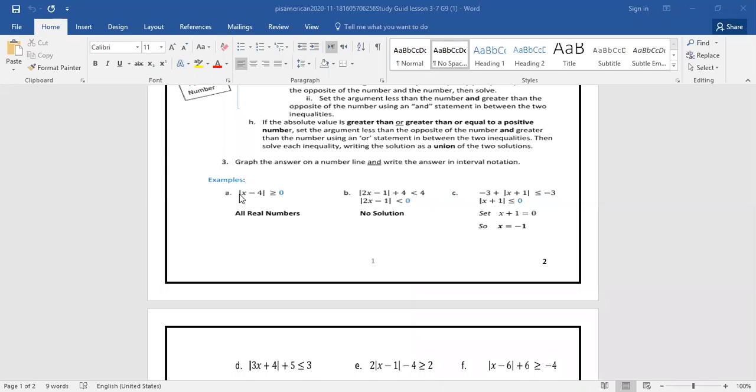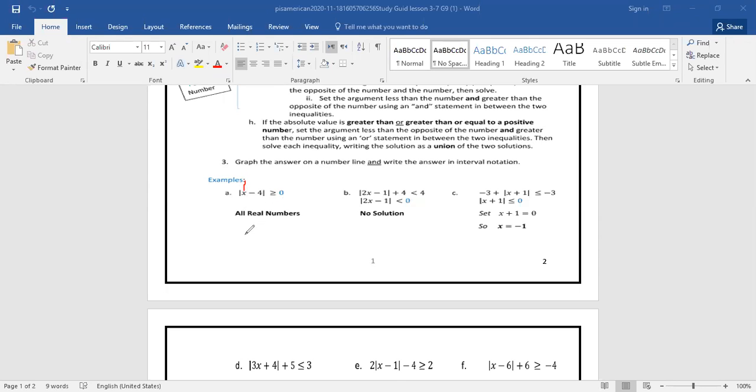Then if you substitute any value of x inside the absolute value, give me any number: positive, negative, 0, any number. Grade 9. 1. Okay, if I substitute the value of x by 1, it will be the absolute value of 1 minus 4, which is the absolute value of -3. The absolute value of -3 equals 3, and 3 is more than or equal to 0.